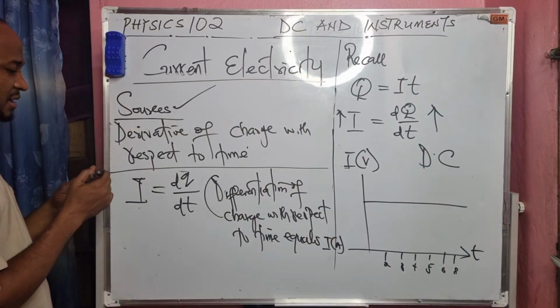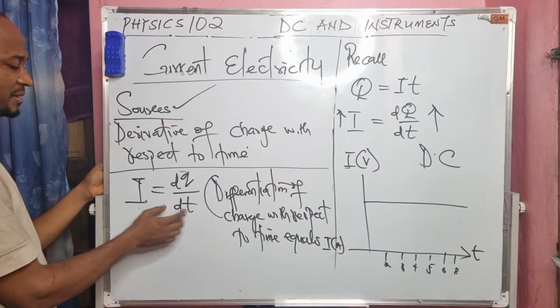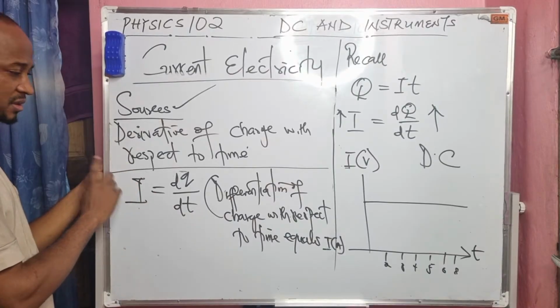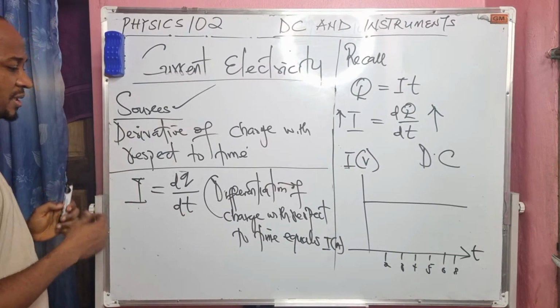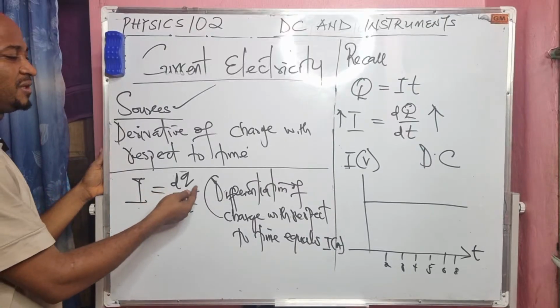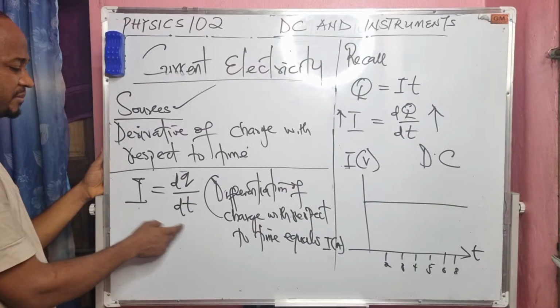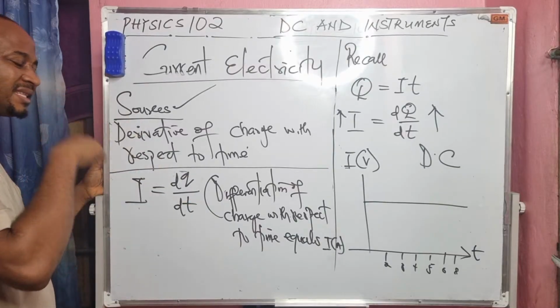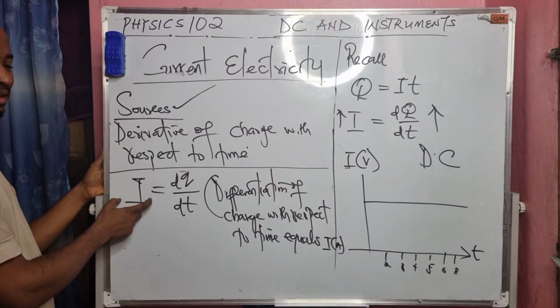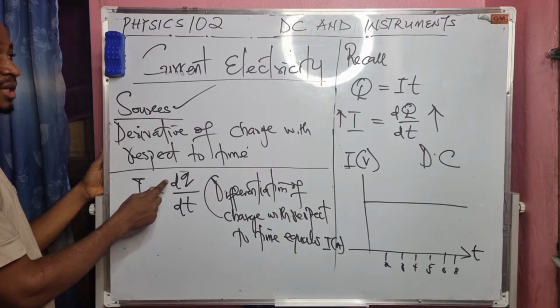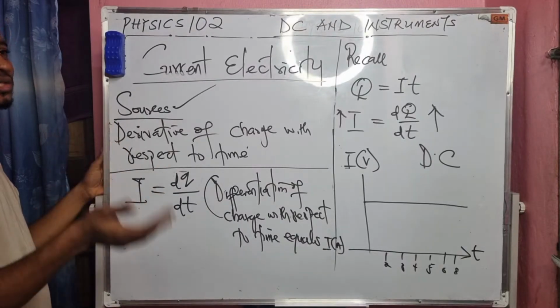So when you plot a graph of charge against time, we have a current, right? That's what this means. Now, if the derivative of charge with respect to time equals current, that means the integration of current will give us charge. Integration simply means the reverse of differentiation.